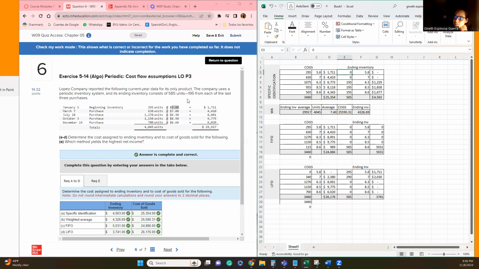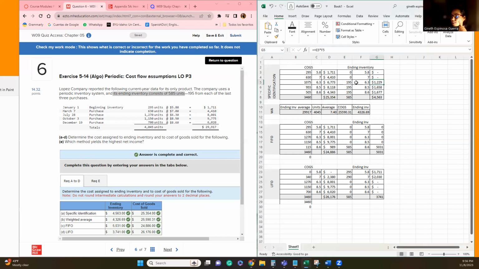Now it's important to check the ending inventory. As mentioned in the exercise, we have 195 ending inventory in the last 3 transactions. That means the ending inventory is 0 in the first 2 transactions, and it's 195, completing 585 units from those transactions.